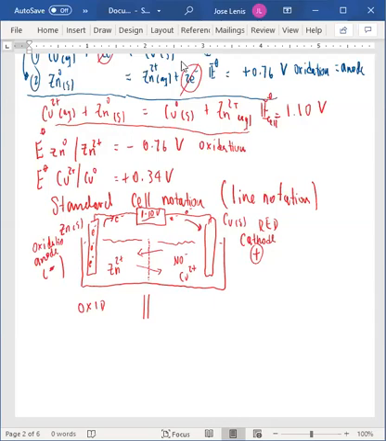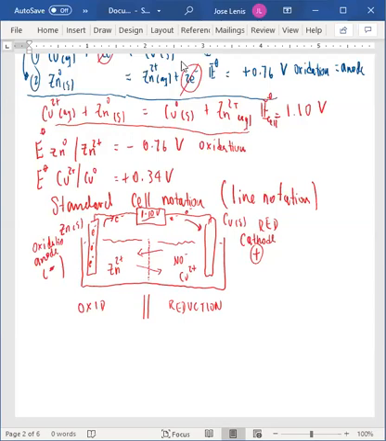So this double bar will represent that in the cell. Salt bridge, and these are the two phases. And on the other side, I represent the reduction. What's happening at the reduction cell.